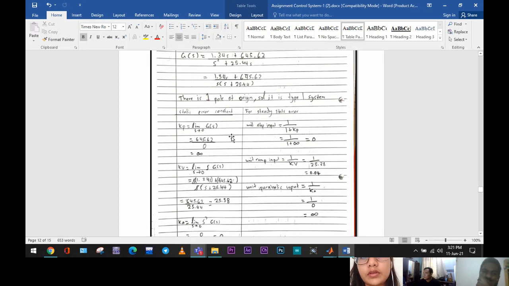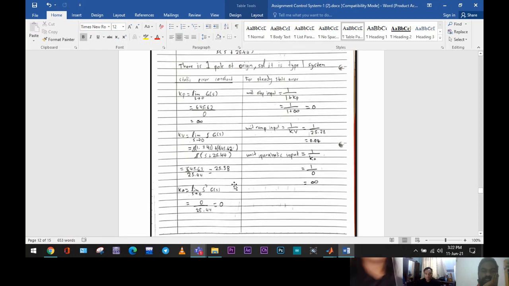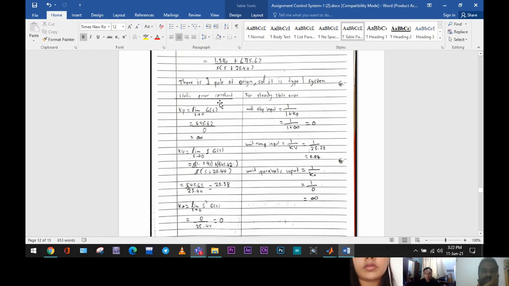For the KP value, the limit of G(s), we get infinity, and for the KV, for the G(s) squared, we get 25.38. And this is for the static error constants.